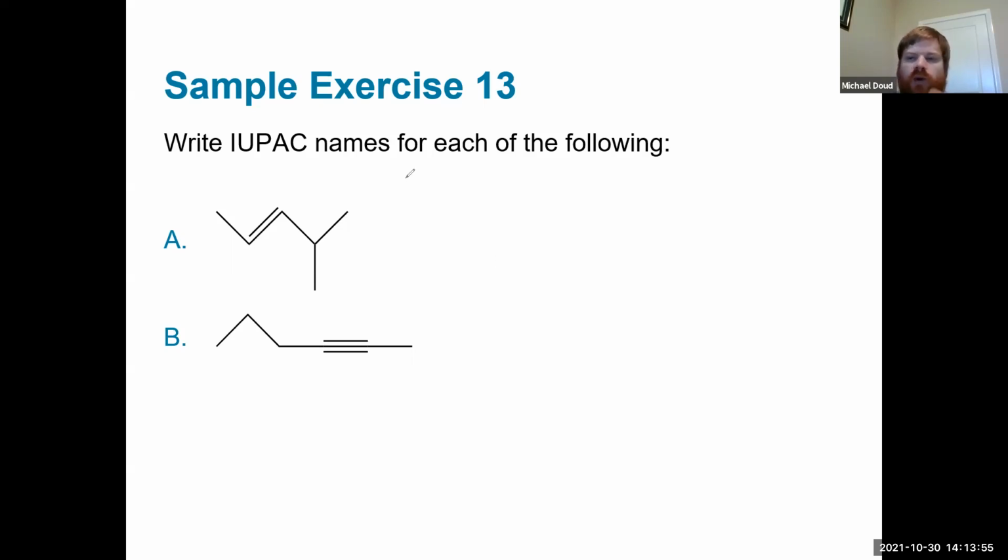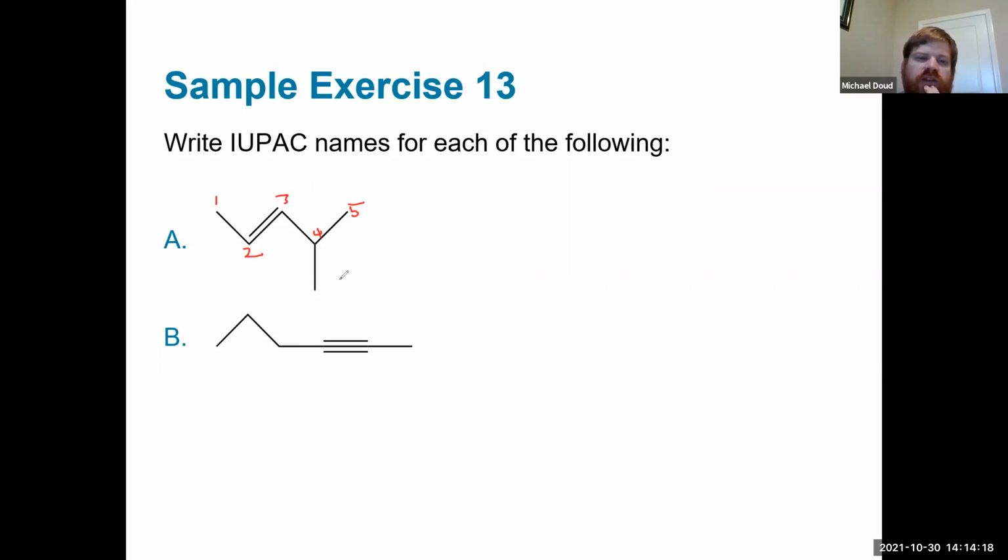So step number 1, we want to identify the longest hydrocarbon chain. But this time, we specifically have to include the multiple bond. So we have to specifically include either the double bond for A or the triple bond for B. So I'm going to start here. It's carbon 1, 2, 3, 4, and then we'll go this way, 5. You could go this way for 5 as well, but I think we see that that's equivalent.